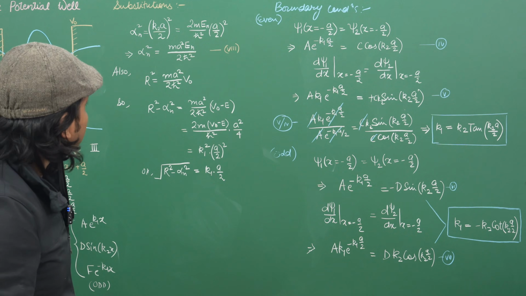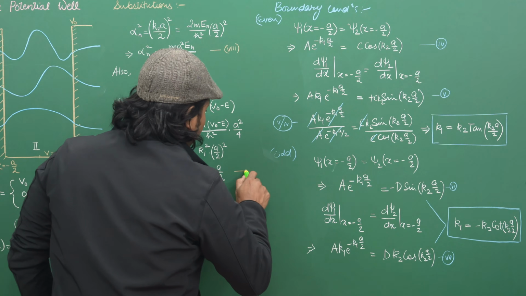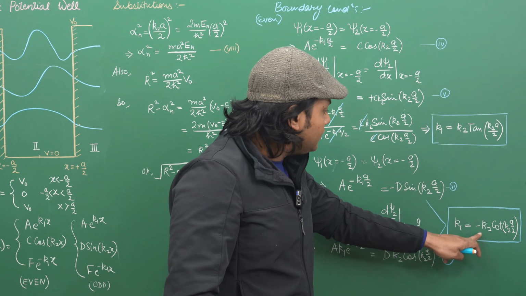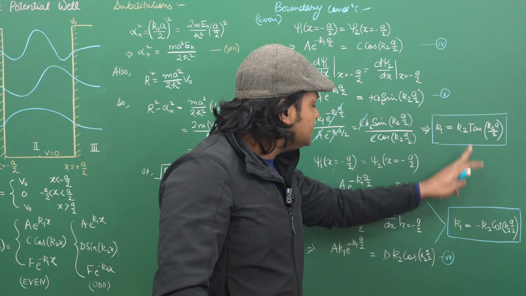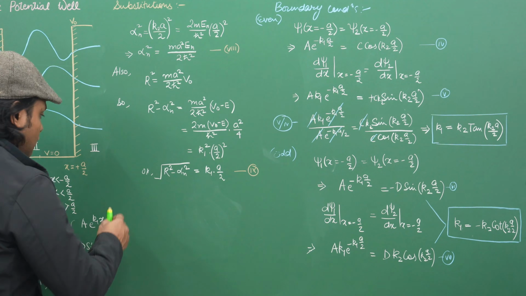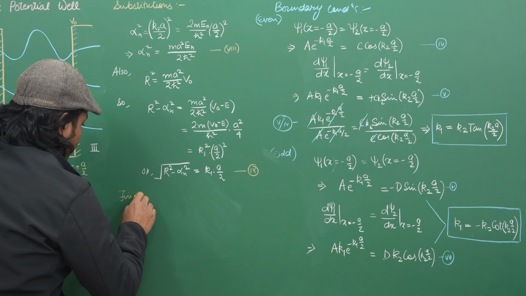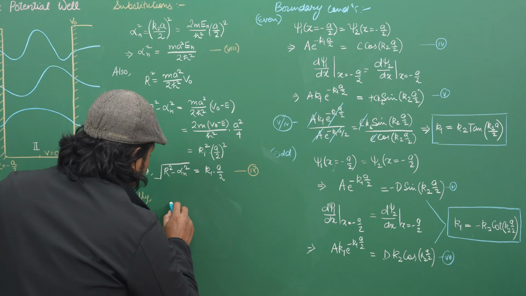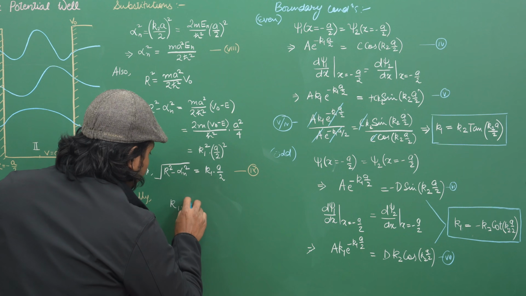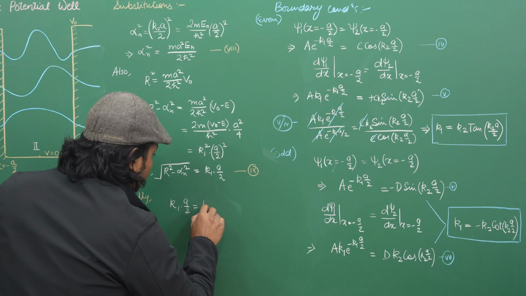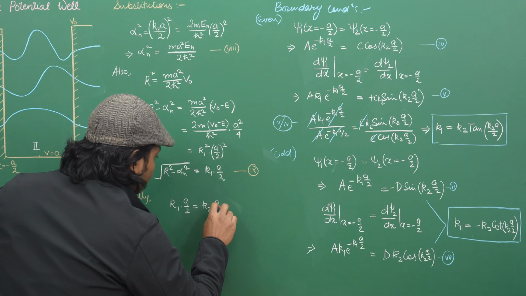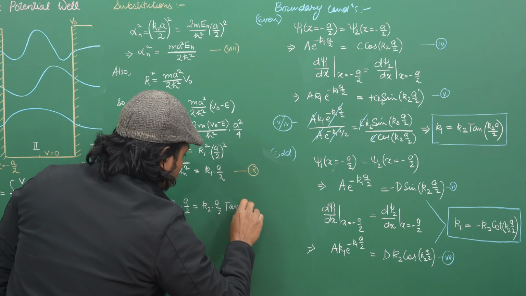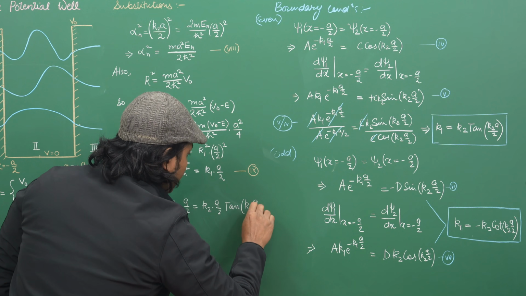Now if I use these substitutions of point number 8 and point number 9 in the equations that we got, finally we have, the first is K1 is equal to, so I'm going to write a upon 2 on the left hand side, and K2 a upon 2 tan K2 a upon 2.